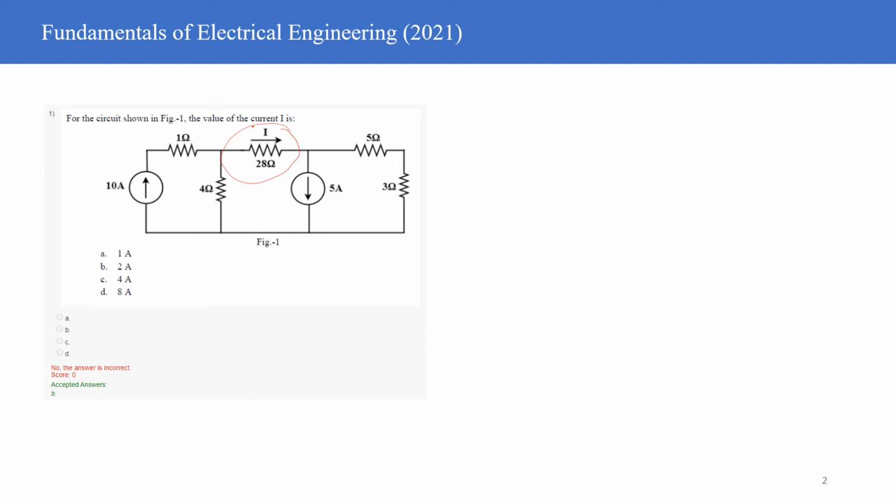Okay, since none of you are responding, maybe this is the first question of the session, and you guys are not in the mood. So let me talk about the different methods of figuring out the current which is flowing here, right?